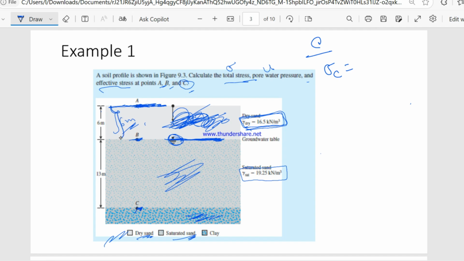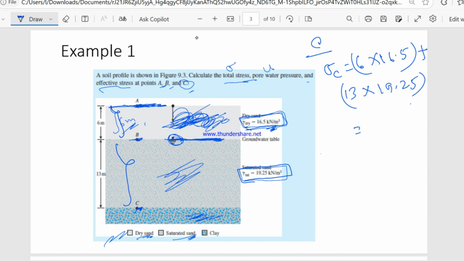This distance is 6 meter, into the dry unit weight 16.5, plus this distance is 13, and the saturated unit weight will be 19.25.